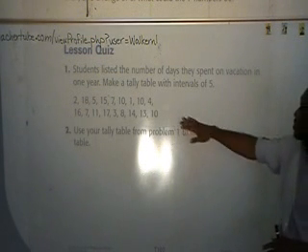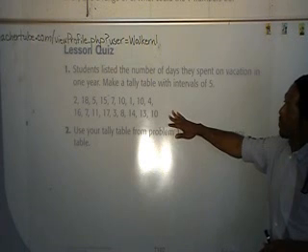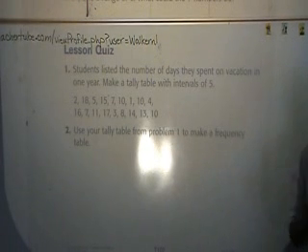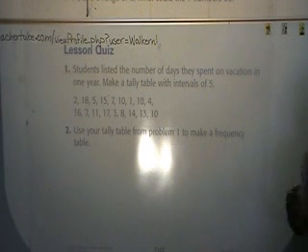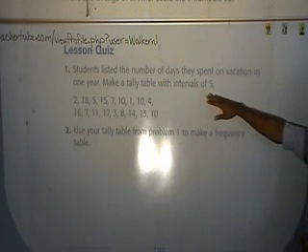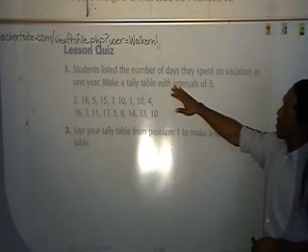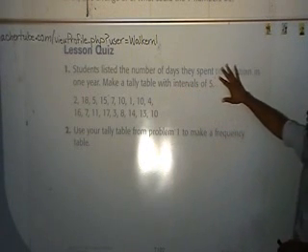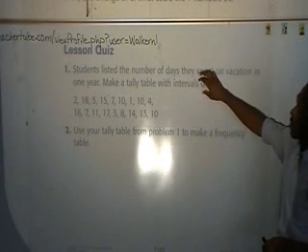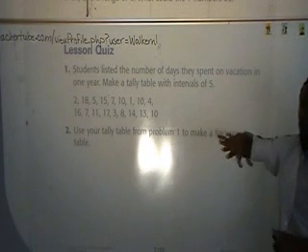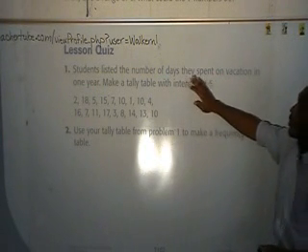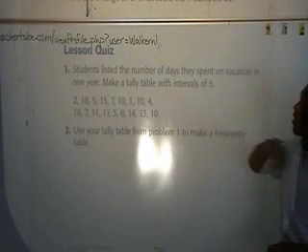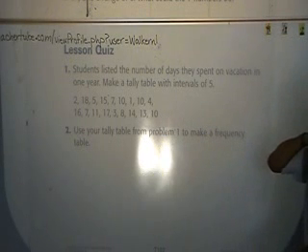But as the numbers get a little bit bigger, we can use a frequency table. Now, they've given you a little bit of information because this is also going to help you to set up your histograms.